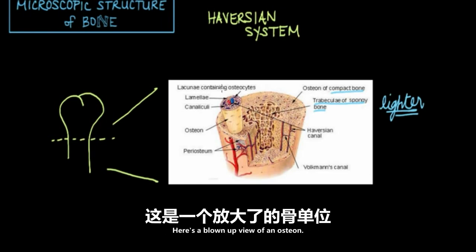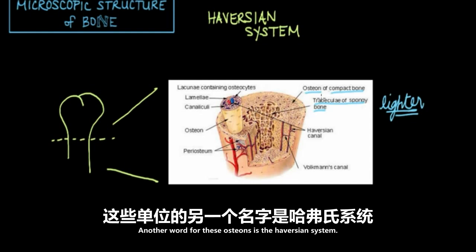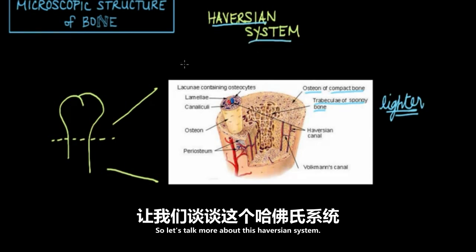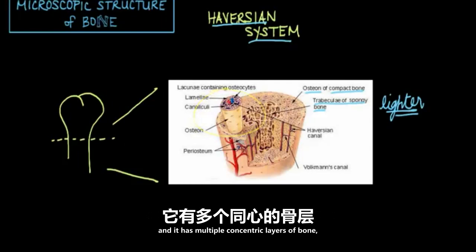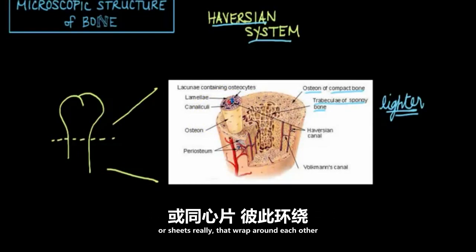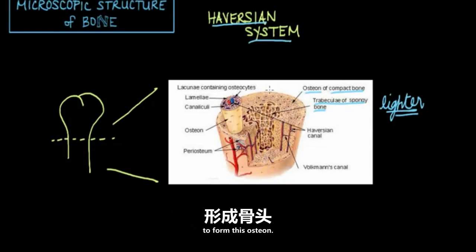And here's a blown up view of an osteon. And another word for these osteons is the Haversian system. So let's talk more about this Haversian system. So each of these osteons looks kind of like a cylinder, and it has multiple concentric layers of bone, or sheets really, that wrap around each other to form this osteon.